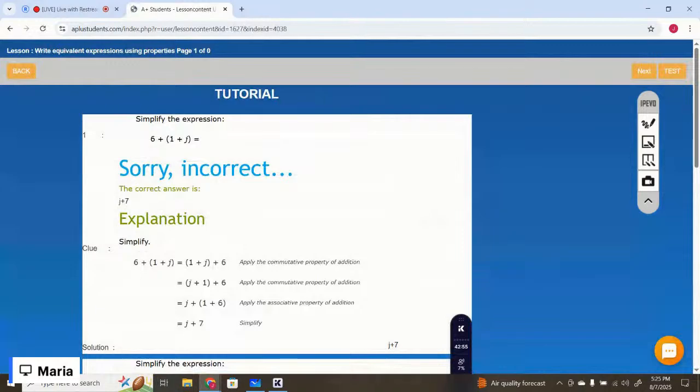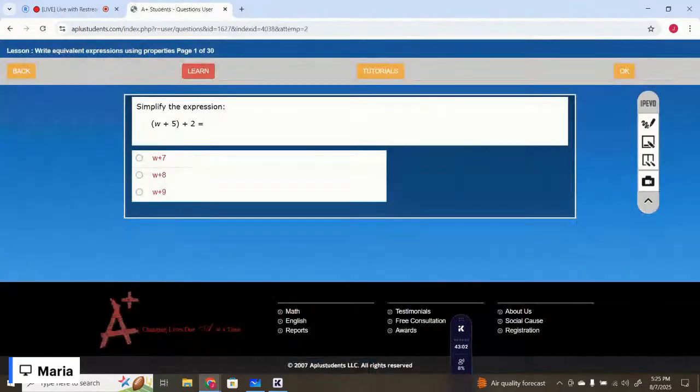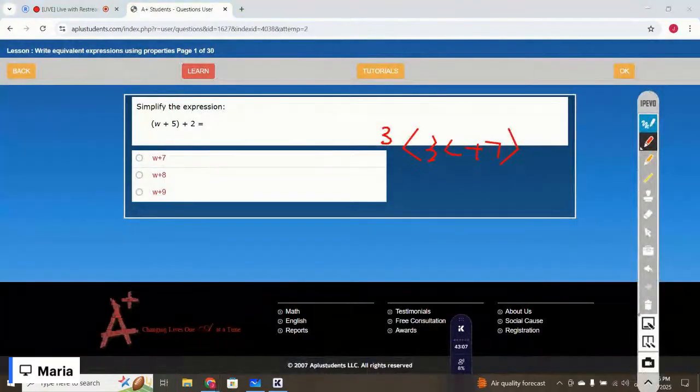Okay, let's just start with the test questions. W plus 5 plus 2. So the first step is write them down without the bracket.